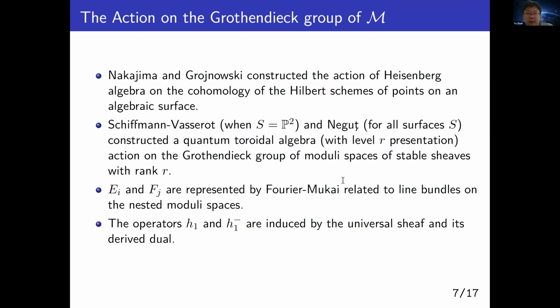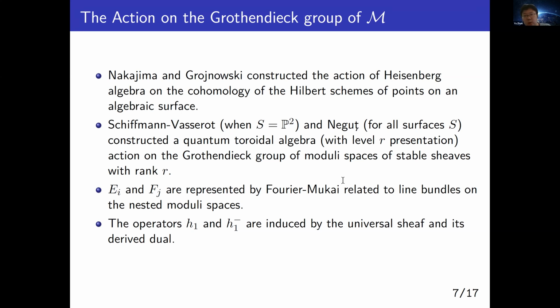Now we want to consider one more step from the cohomology to the Grothendieck groups. This is also a general philosophy of geometric representation theory. Then we should consider the Q deformation, the quantization of the Heisenberg algebra, and we see the Q-Heisenberg algebra.